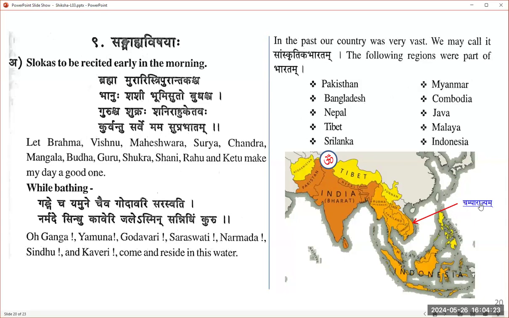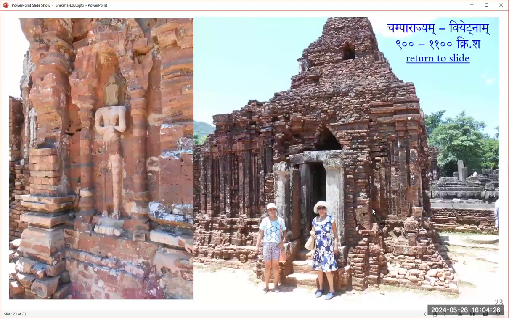So Champa Rajyam. I actually visited with my family several years back, well before COVID times. You see, they use laterite bricks and some limited carvable bricks to make beautiful temples. They have features of both Hinduism and Buddhism inside, if you notice.